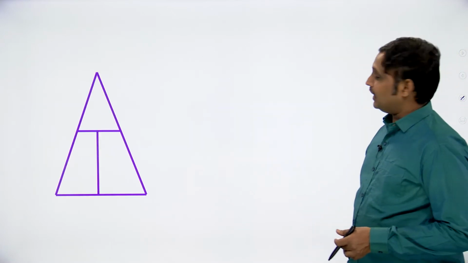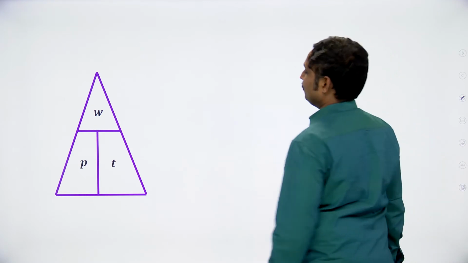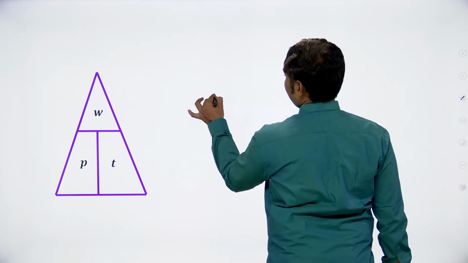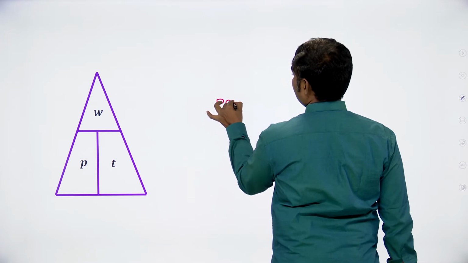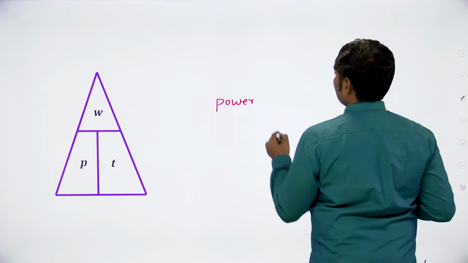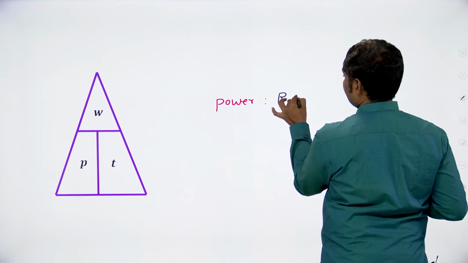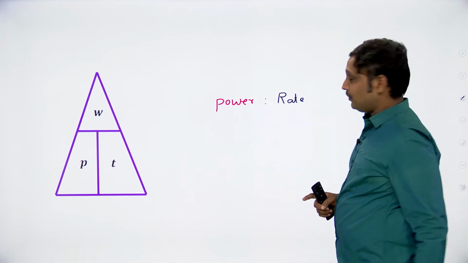Another one also we would like to get for multiples and submultiples. Just you have to see, it is power, that is equal to the rate of doing work.